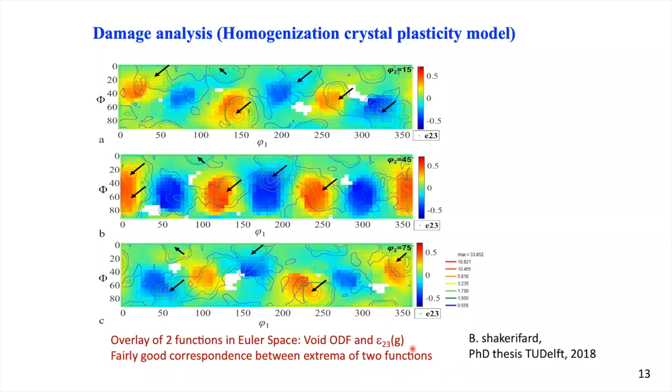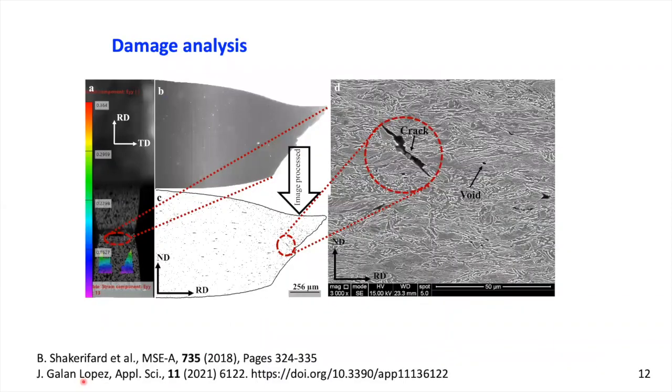Actually, what we would like to have, but we don't have, is a damage model, a crystallographically resolved damage model. But as a kind of substitute for that, we used our crystal plasticity models, and we combined these crystal plasticity models with a strain hardening model, which was developed by Jesus Galan Lopez, who also worked in our group.